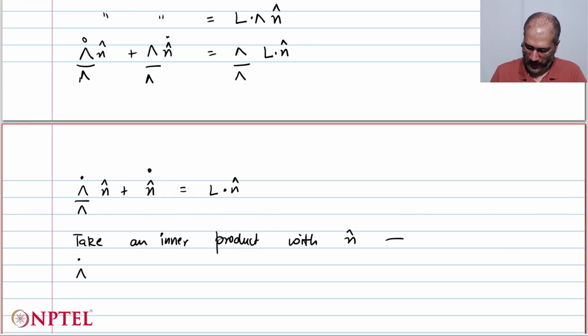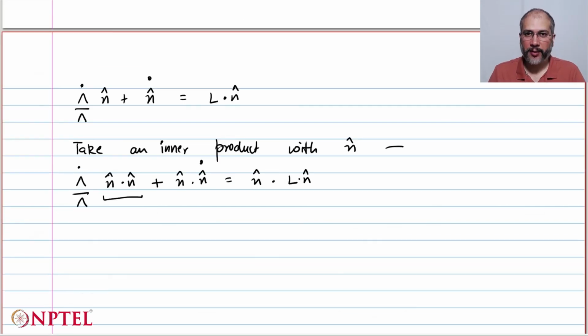So this becomes lambda dot upon lambda, and then we have an n dot n, and then we have an n hat dotted with an n hat dot, and this is equal to n hat dotted with the vector L times n. Now this is going to be a 1 because small n hat is a unit vector, and this quantity here actually is a 0. Let me show you mathematically. So n hat dot n hat is a 1.